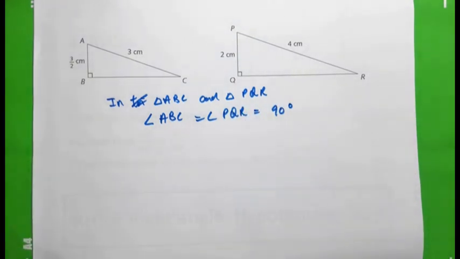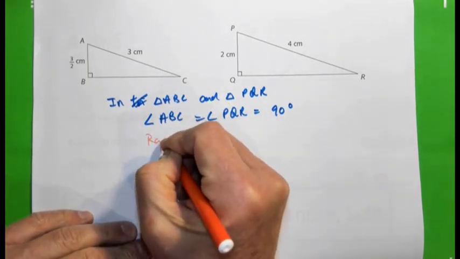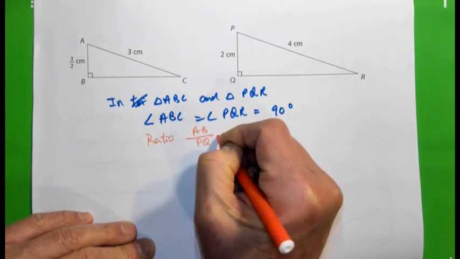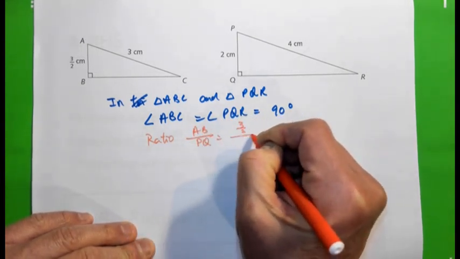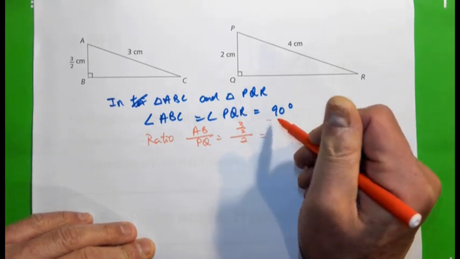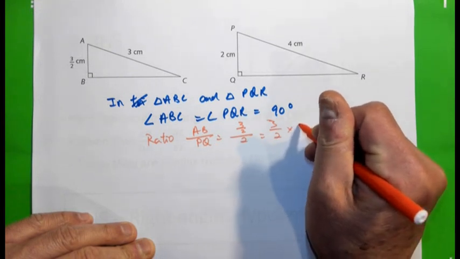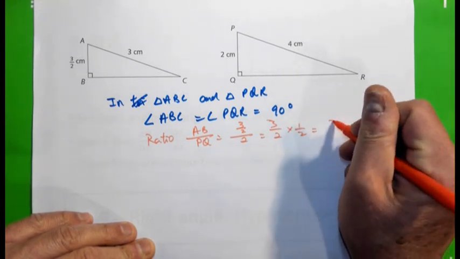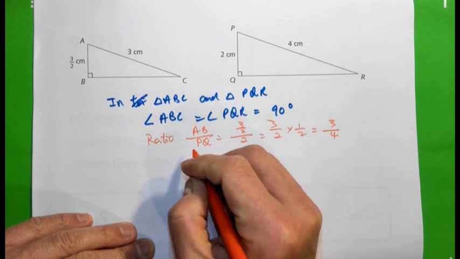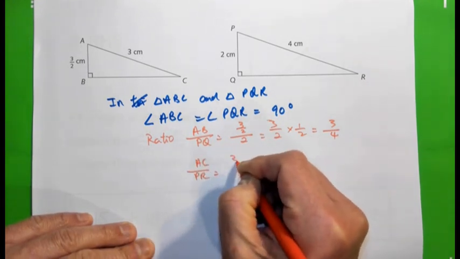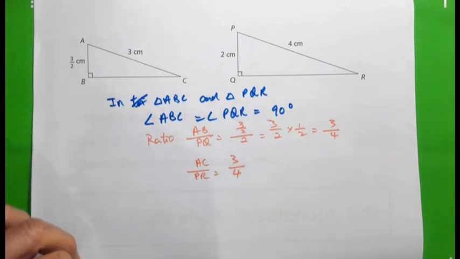Now the ratio. Let's do a ratio of AB over PQ. AB is 3 over 2 divided by 2, which is 3 over 2 times half, which is 3 over 4. Ratio of AC over PR is 3 centimeter over 4 centimeter, which is 3 over 4.